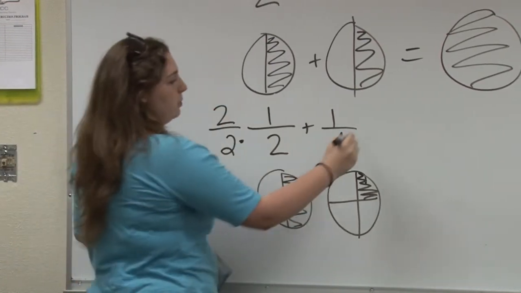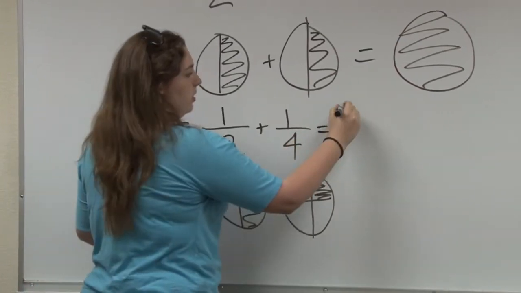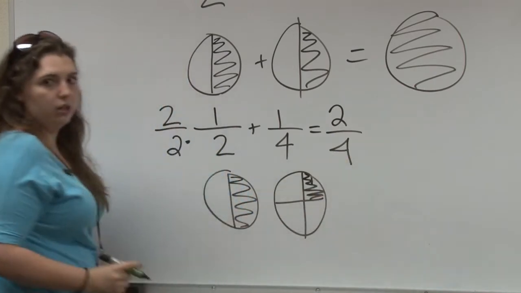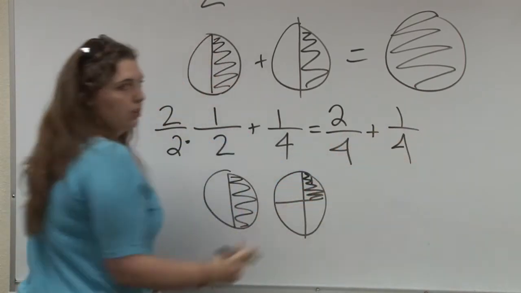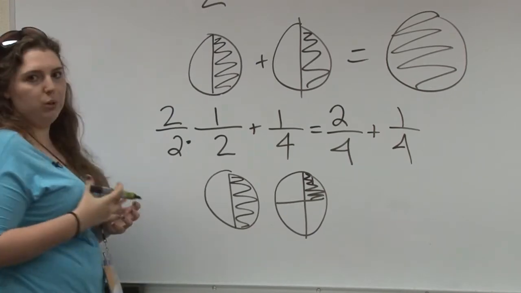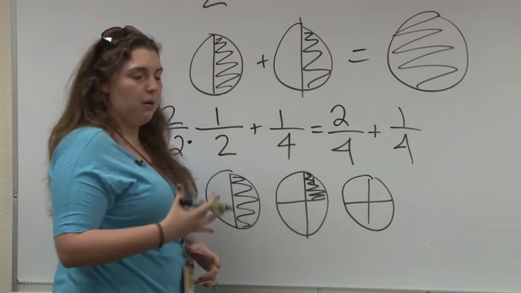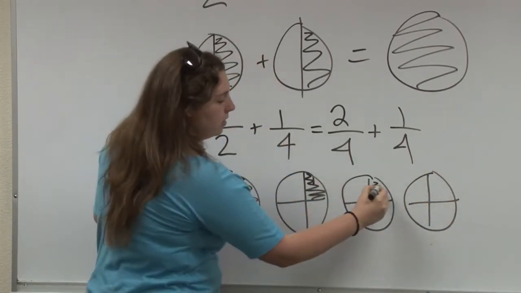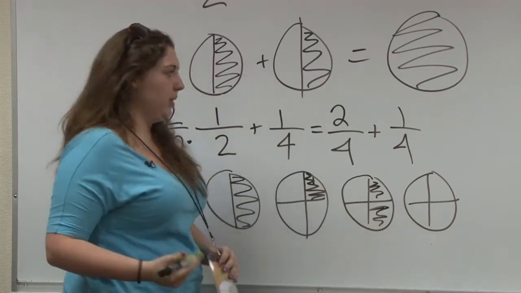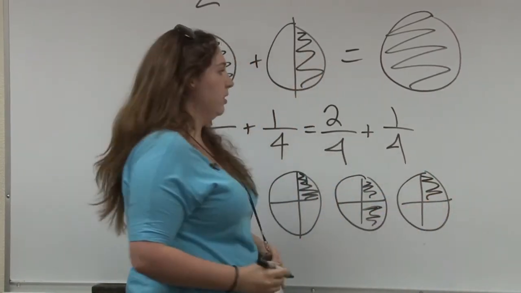So now our new expression, this first fraction, is going to be 2/4. And now we can add the 1/4. Now that they're broken into the same number of pieces, it's easier to compare how many total we will have. So now we have 2 of the 4 pieces from this and 1 of the 4 pieces from our second fraction.